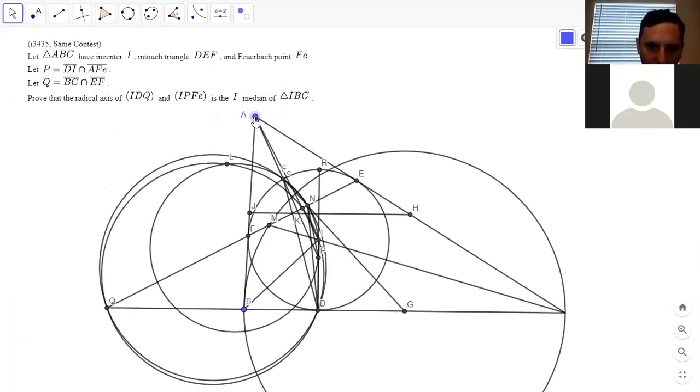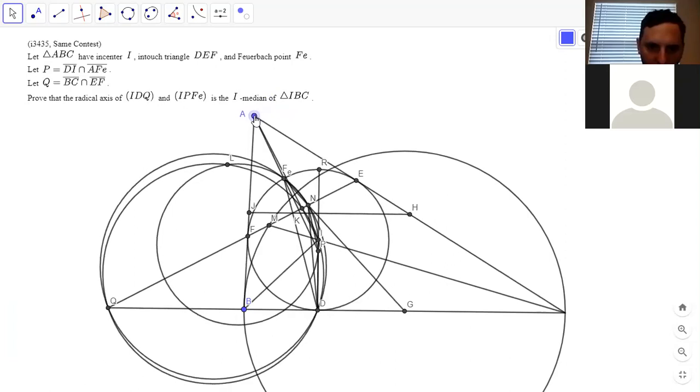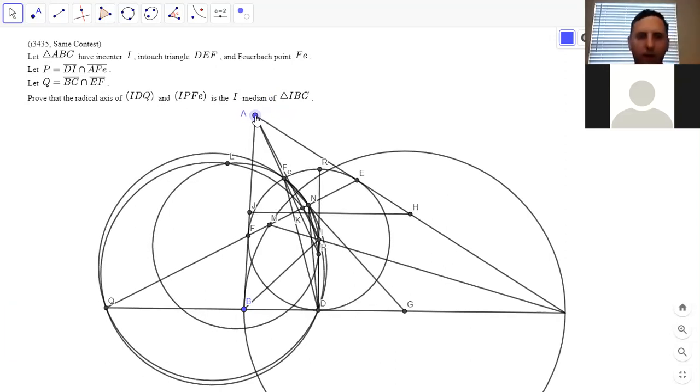I feel like all that looks better, in my opinion. FEQDI. But FEQDN is cyclic, right?